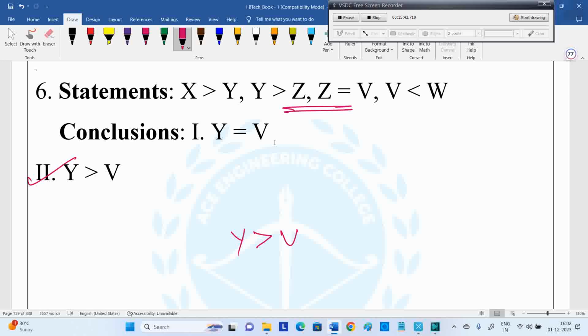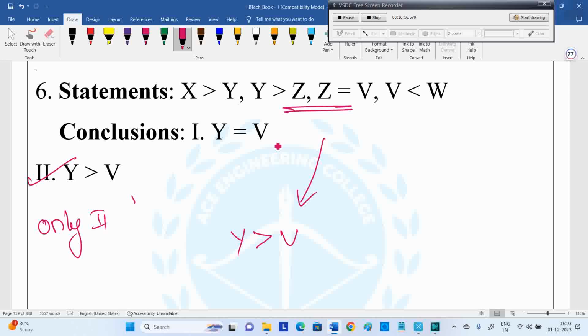Some people take the wrong perception that both variables being the same in both conclusions means either-or is the answer. Don't fix it like that. Your statement should demand that. Here I got Y greater than Z, Z equal to V. Z equal to V means wherever Z comes, we need to replace it with V. So Y greater than V is the answer you got. Y equal to V is not possible, only Y greater than V. Only two follows.